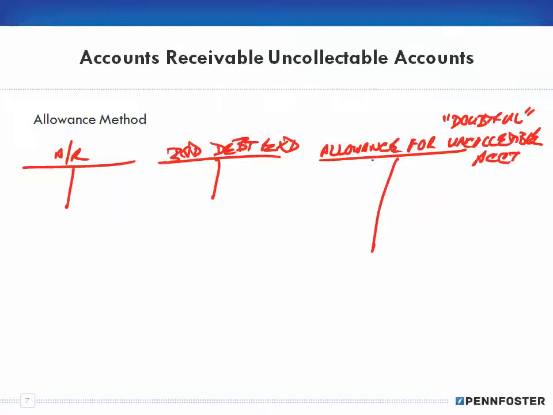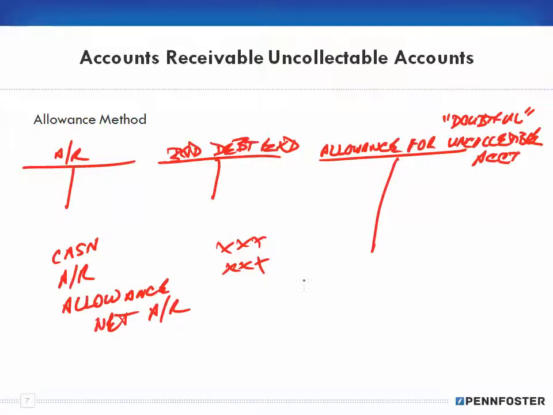So you'd have a general ledger account called allowance for doubtful accounts, and this would be in the asset section and would be listed right after the accounts receivable. You'd have your cash, then your accounts receivable, and your allowance for doubtful accounts. These two would have balances, and then you'd have a net accounts receivable, which is the net of those two accounts.